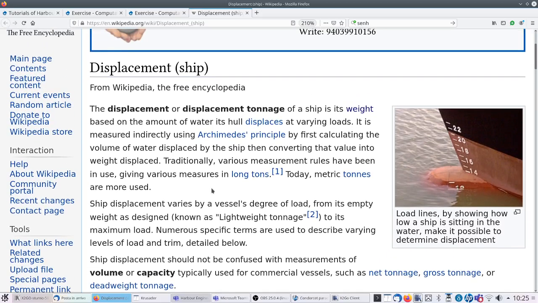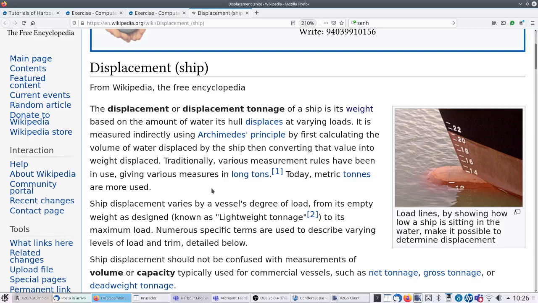And the computation is based on Archimedes Principle. So basically we know from Archimedes Principle that when a ship is standing in the sea, its weight is equivalent to the weight of the volume of water that is displaced.